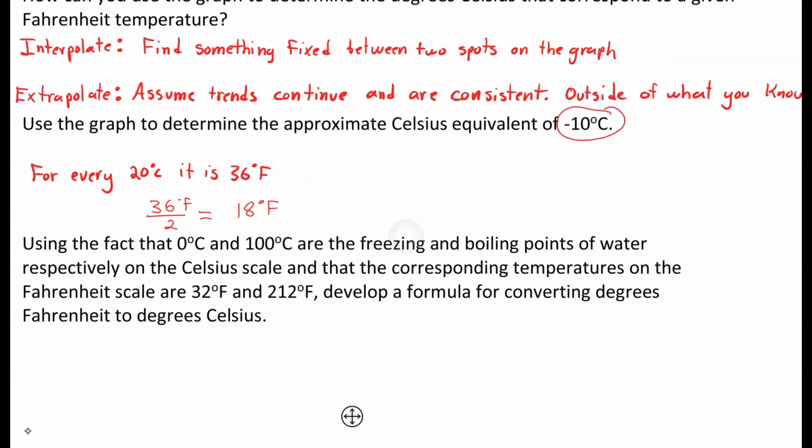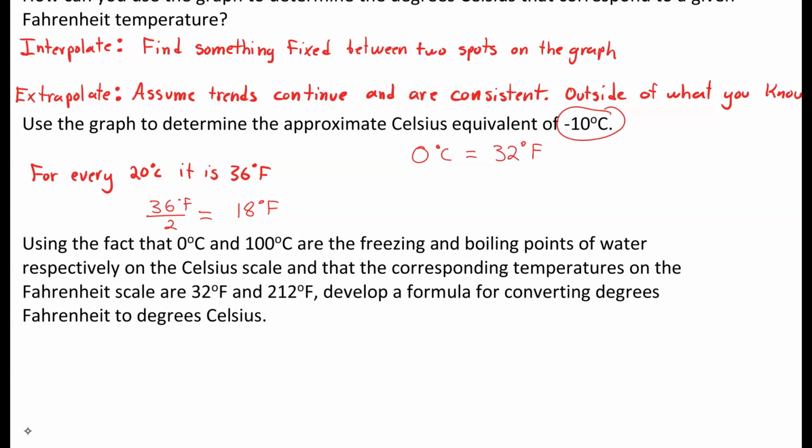So if we are looking at -10 degrees Celsius, one thing we know is 0 degrees Celsius, which is the freezing point, is equal to 32 degrees Fahrenheit. So that's going to give us a starting point.